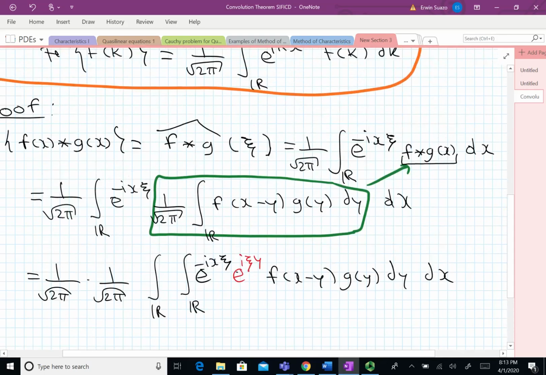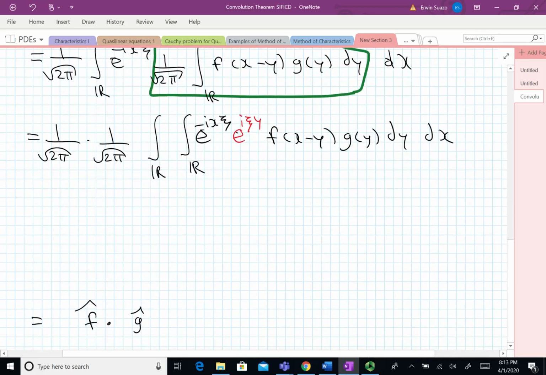Okay, so I'm going theta. If I put this theta y, let's put it there. Then I have to put the negative.